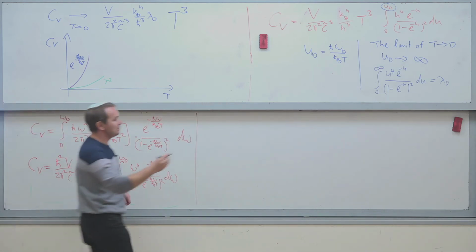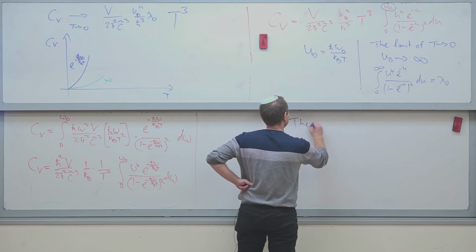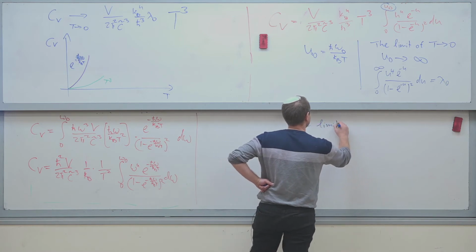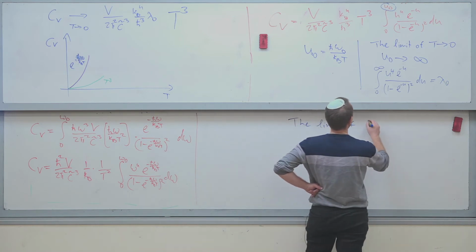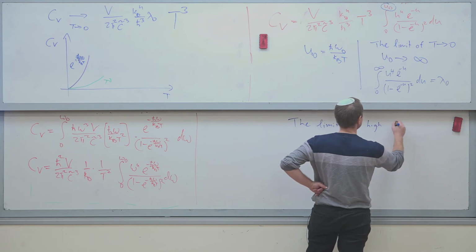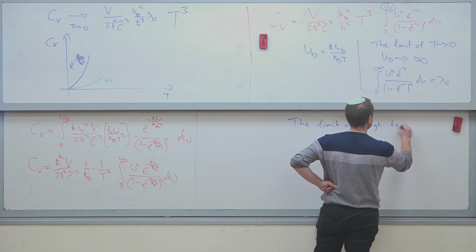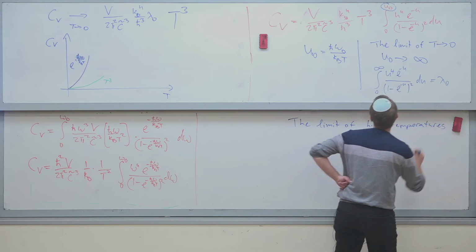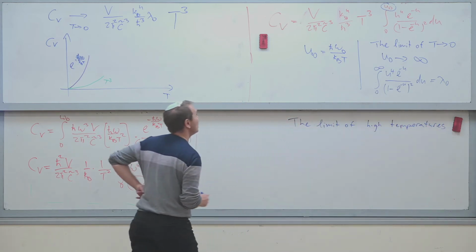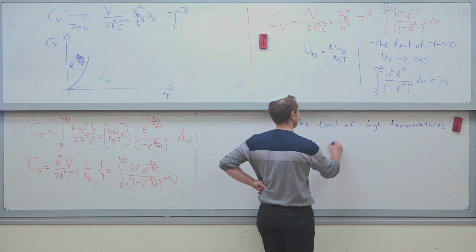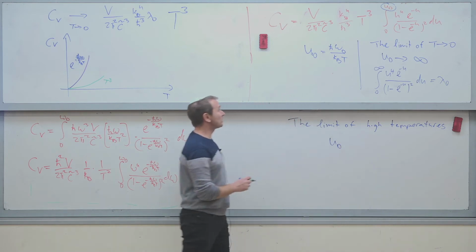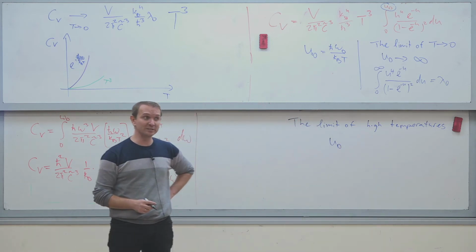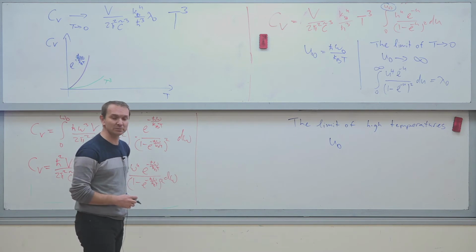So the limit of high temperatures. u_D is h bar omega Debye divided by k Boltzmann T. Omega Debye is independent of the temperature.